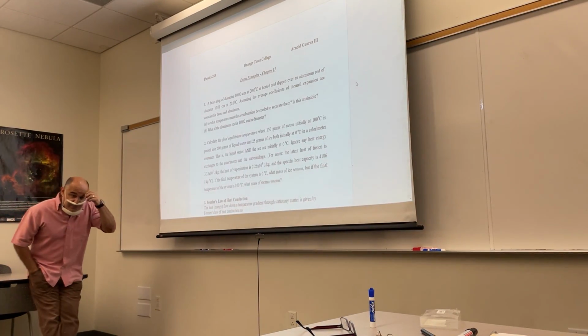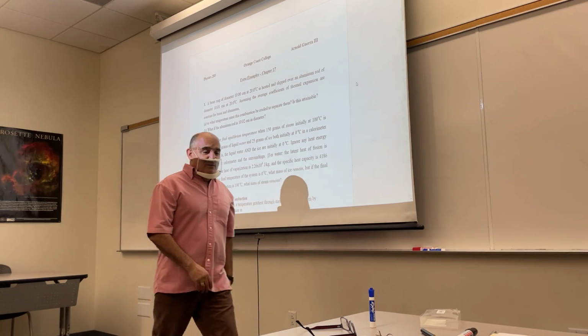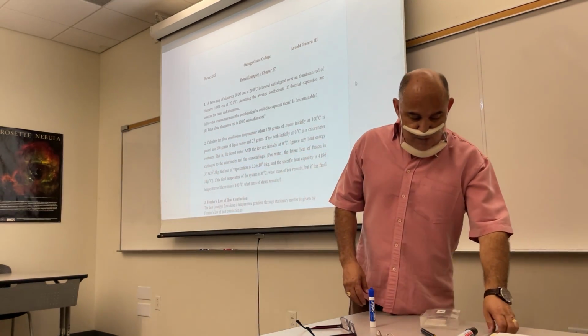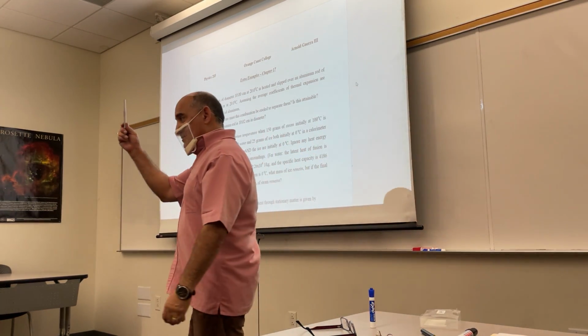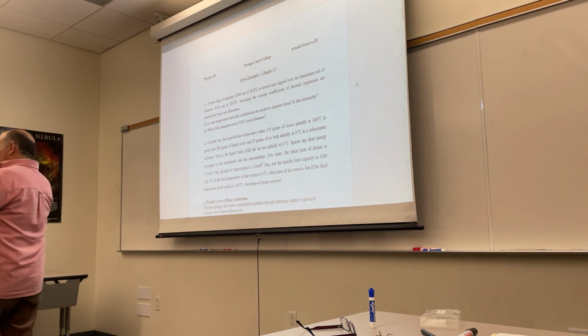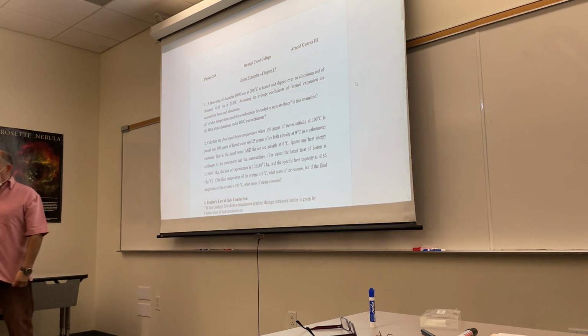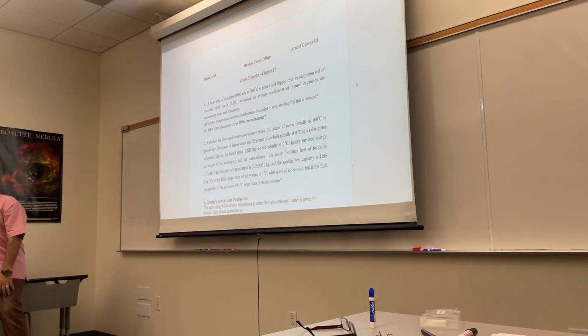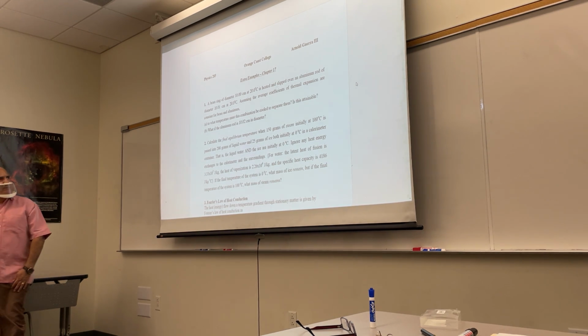So what you have is a rod of aluminum whose diameter is 10.01 centimeters, and a ring whose diameter is smaller, 10.00 centimeters.